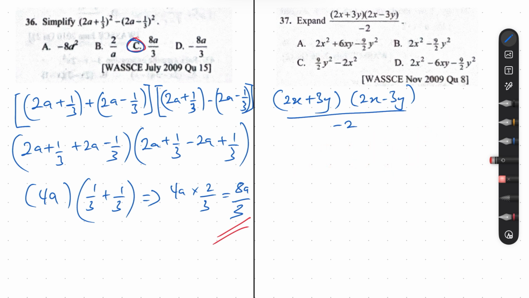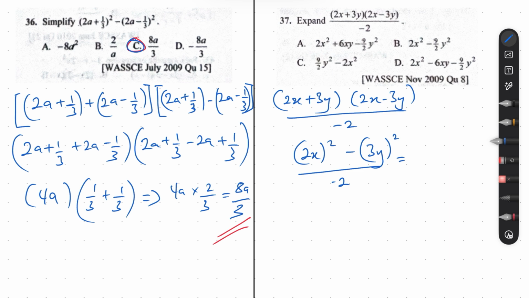Okay, exactly. So let's do that. So we have 2x squared minus 3y squared. If we expand this, we are going to get the numerator here. So now let's do it all over negative 2. Now what do we have?